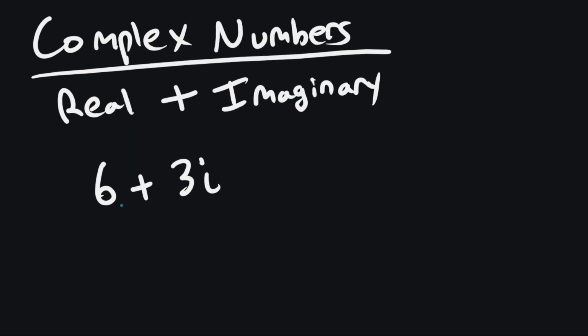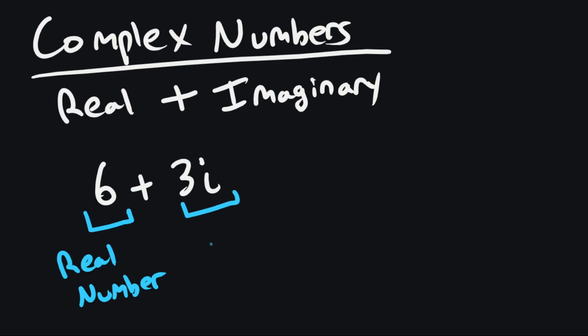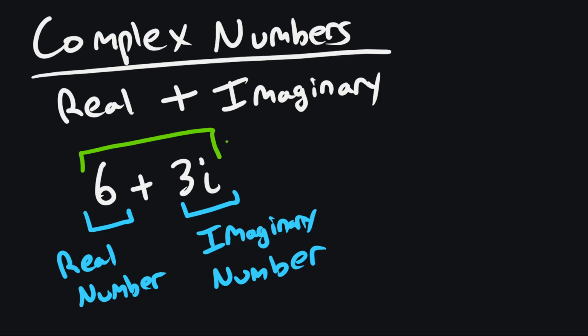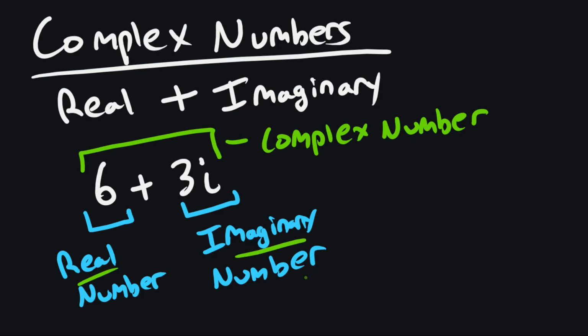So 6 is a real number, and 3i is an imaginary number. 6 is the real part, and 3i is the imaginary part. Taken together, this entire thing is a complex number, a number that has a real part and an imaginary part added together.